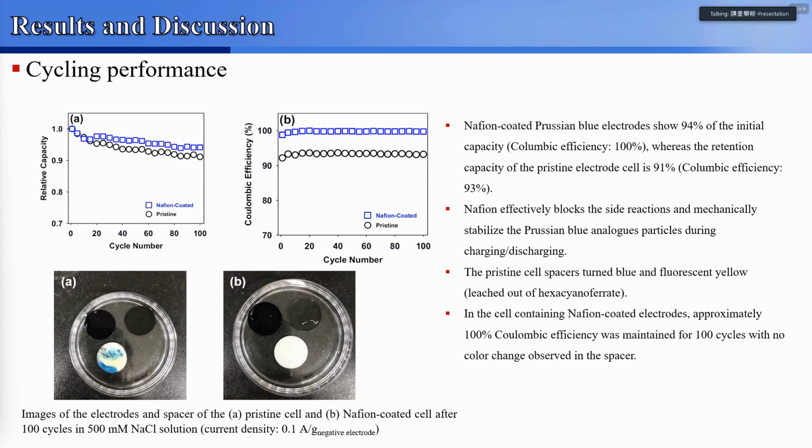And the lower figure shows the image of the electrode and spacer of the pristine cell and the Nafion coated cell after 100 cycles. As you can see from this figure, the cell containing the Nafion coated electrode was maintained for 100 cycles with no color changes observed in the spacer.